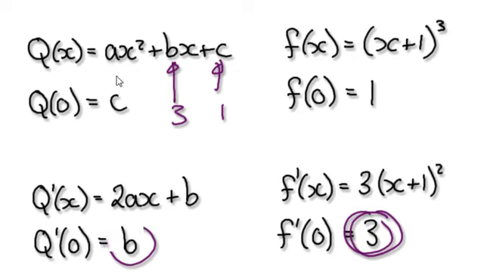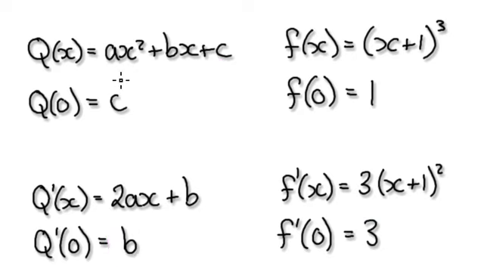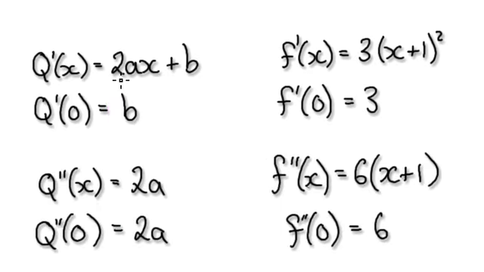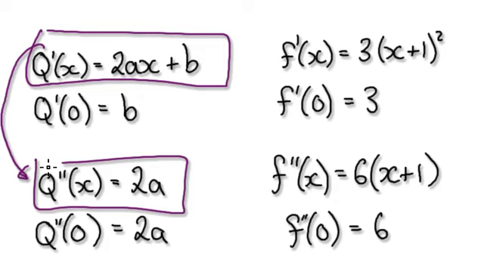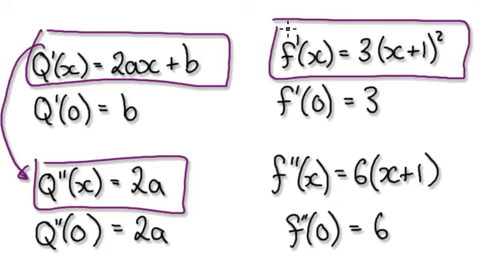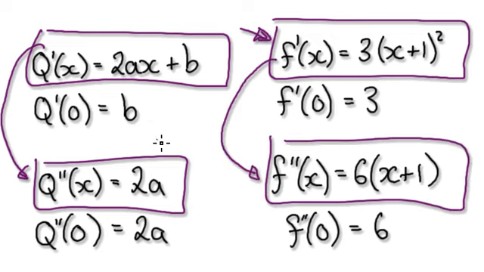The trick to finding a is to look at the second derivative. This here is our first derivative; differentiate it and it will give us the second derivative. Looking at the original function, this is the first derivative; differentiate it and it will give us our second derivative. Now we are trying to evaluate it at x equals 0.